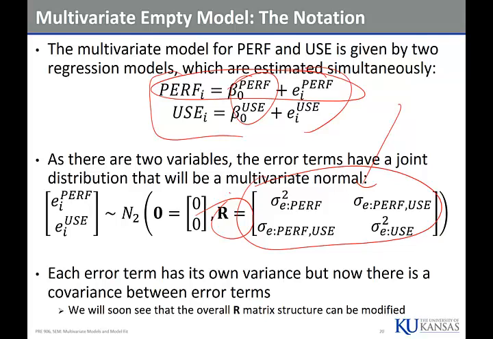If we're counting parameters, there are 5 total on this slide: 1 intercept for performance, 1 intercept for usefulness, 1 residual variance, or in this case error variance, for performance, 1 residual variance for usefulness, and 1 covariance between the two. So we go from 2 parameters in a univariate model to 5. And actually, had we run this as 2 separate univariate models, we would have 4 parameters. We wouldn't have this covariance.